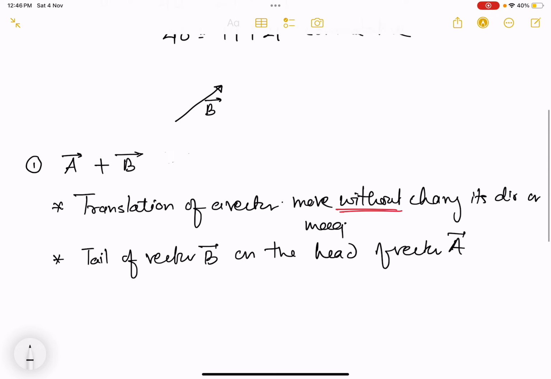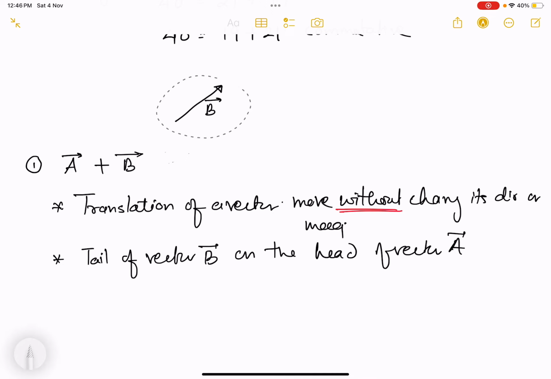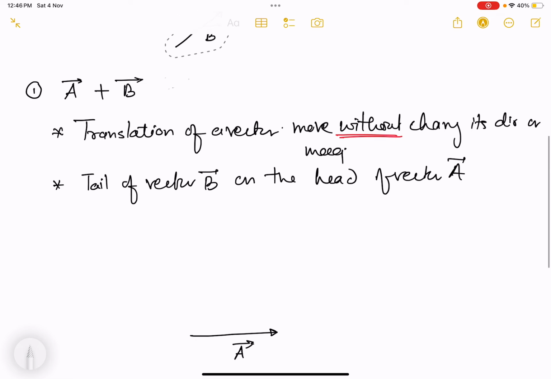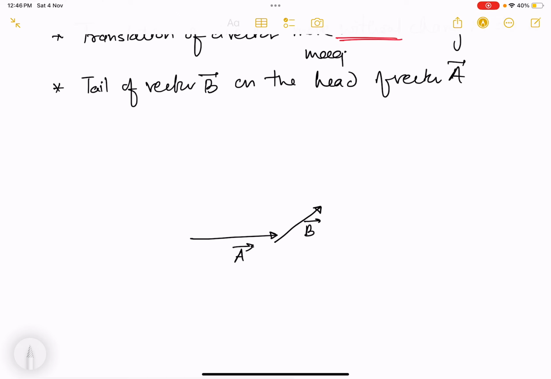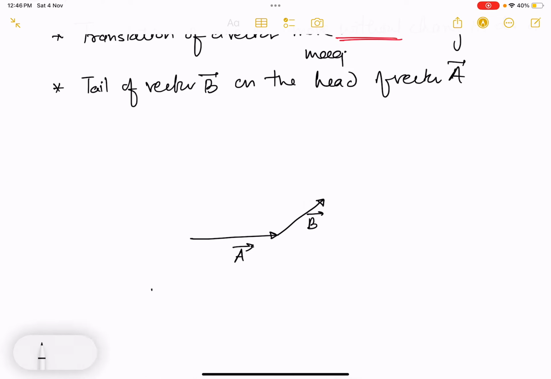How do we do that? I translate it. How can I translate? I select it and then I drag it and put it here. Okay. So what is the resultant vector? What is the sum vector?